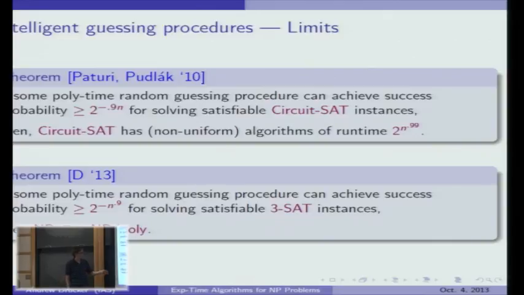And the presumably unlikely conclusion that I draw from this is, I believe, even more unlikely than that. So the conclusion is that if this were possible, and I think it's not, then this unlikely thing would occur: NP is in coNP/poly.